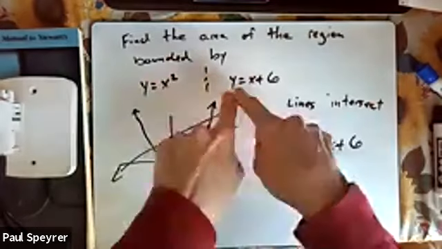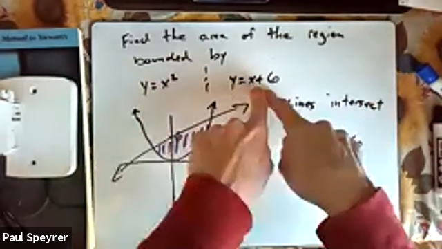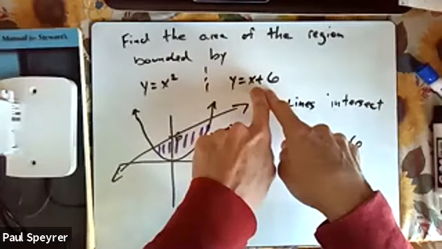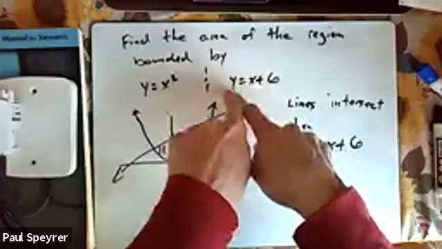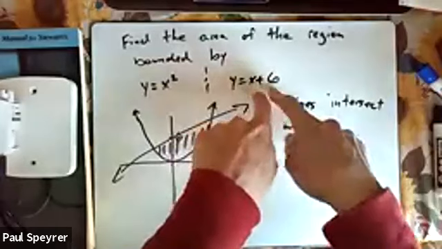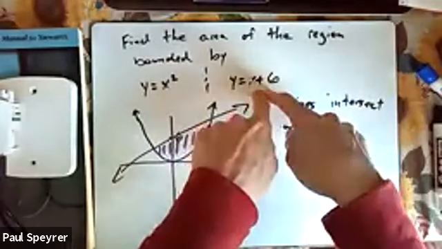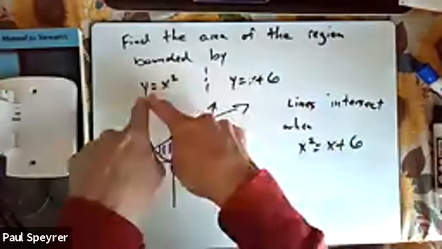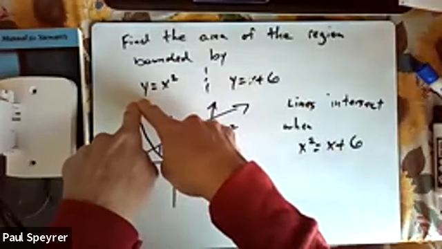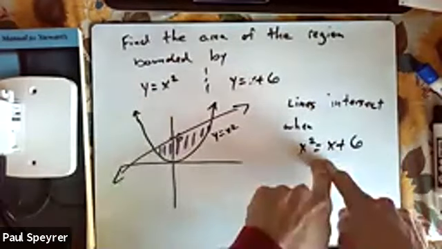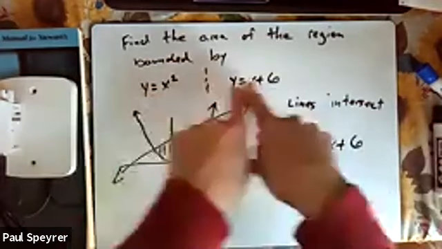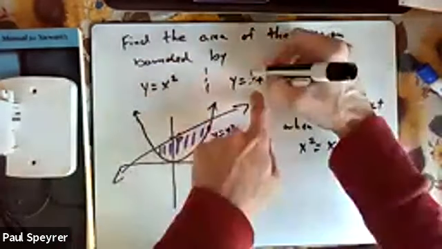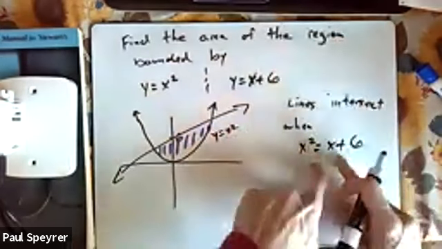You could say, hey, wait a minute, could I take this equation and plug it into y? Absolutely, right? Because again, y for this one says it's equal to x plus 6. What if I take all this x plus 6 and jam it into this y? You get x plus 6 equals x squared. It's the same, right? So it doesn't matter whether you substitute this equation into this or vice versa. You're still going to wind up with the same kind of equation.